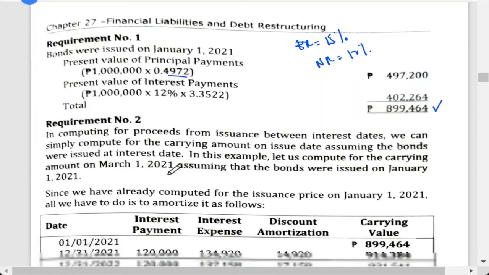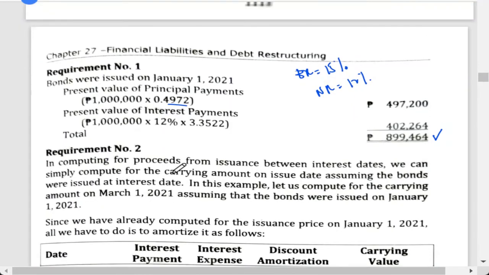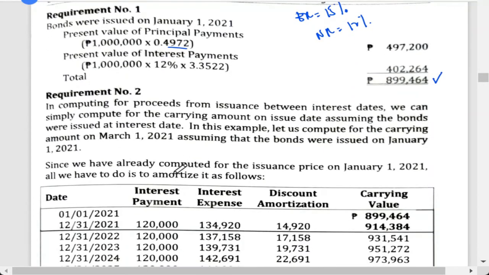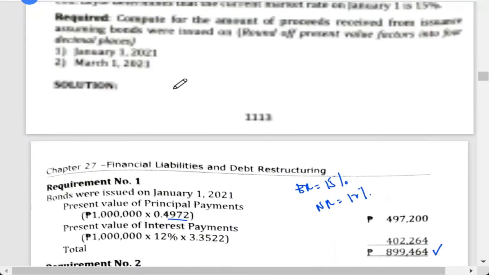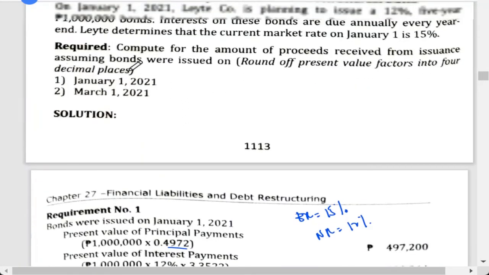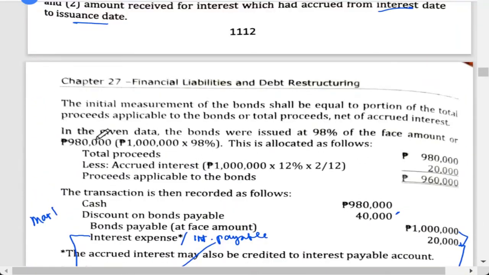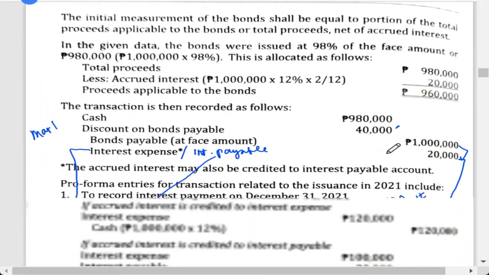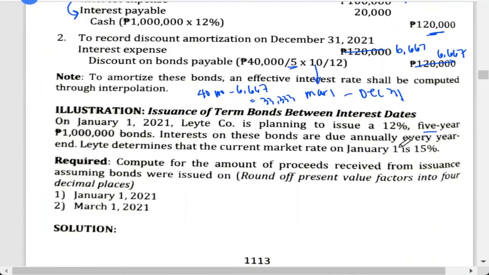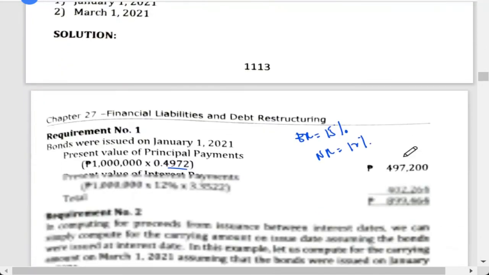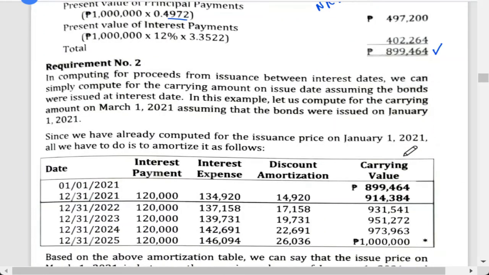What will be the proceeds from issuance between interest dates? We can simply compute the carrying amount on the issue date assuming the bonds were issued at interest date. What if it is March 1? In the earlier example, there was a quotation. This problem has no quotation. So we compute the present value, which we already computed earlier: 899,464.